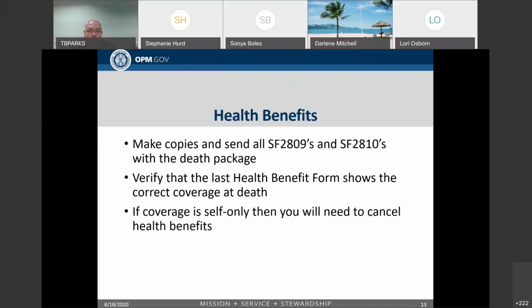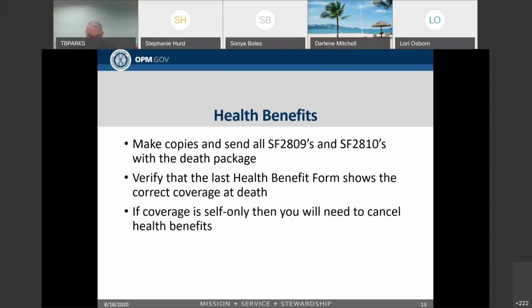Okay, there's also issues with the health benefits. We need to know what health insurance the deceased had at death. Remember, a deceased employee does not need to meet that 5-year requirement for the survivors to be eligible to continue with the health insurance. If it's self-only coverage, you as the employing agency will need to terminate that coverage.